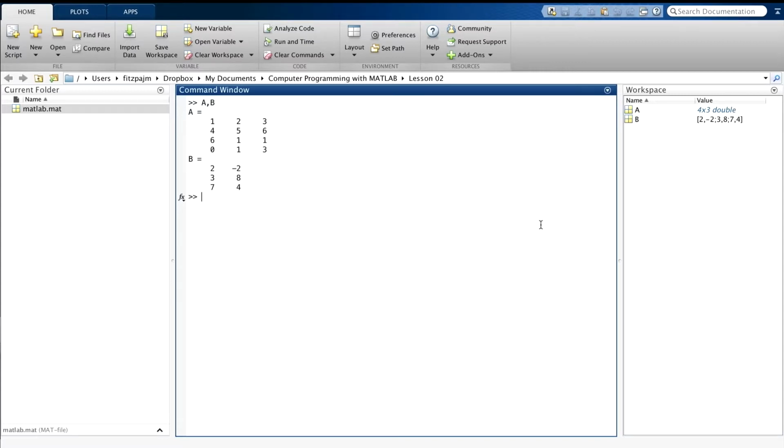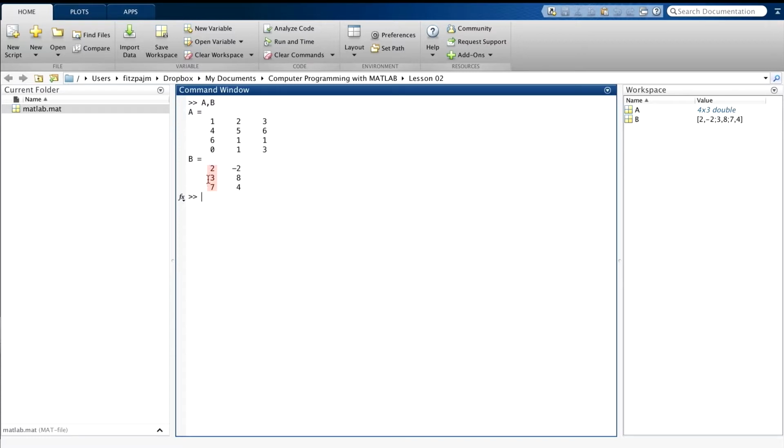So person number 1 owns 1 share of the first stock, 2 shares of the second stock, and 3 shares of the third stock. Person 2 owns 4, 5, and 6 shares, respectively, and so on. Suppose also that each column of B represents the gain in dollars of 3 stocks.